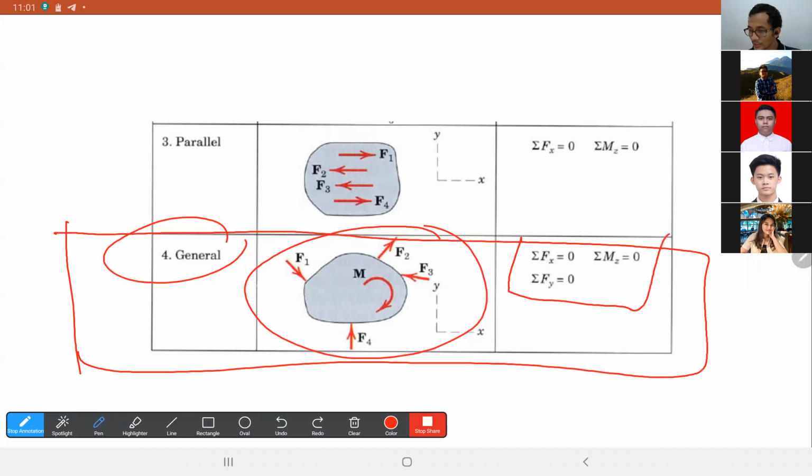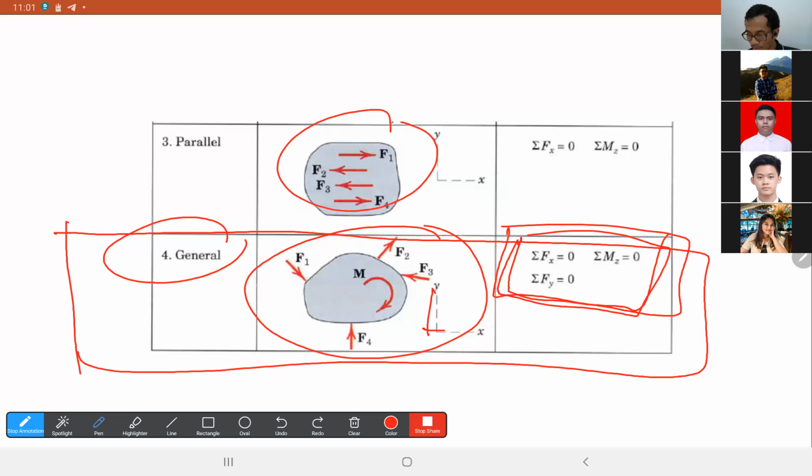Try to treat it using sigma fx equal to 0, sigma fy equal to 0, and sigma moment equal to 0. Even for problem number 1 or problem number 2, you still can solve it. So general problem, because there is no simplification that we can do there. We have to calculate everything.